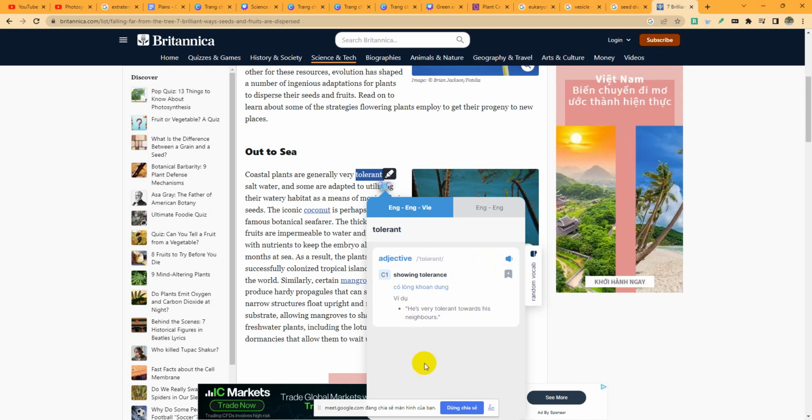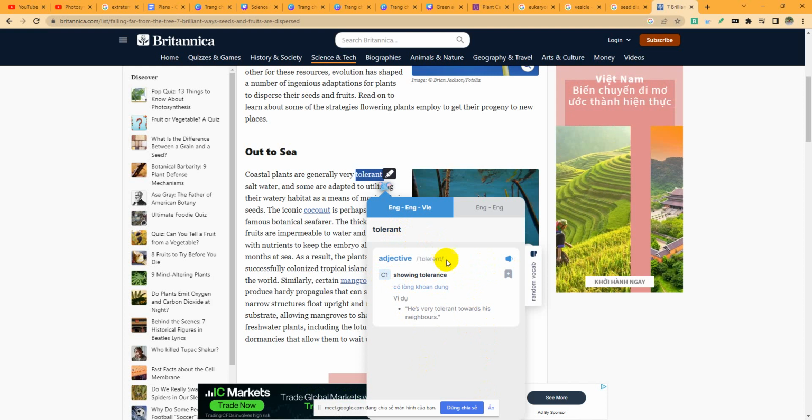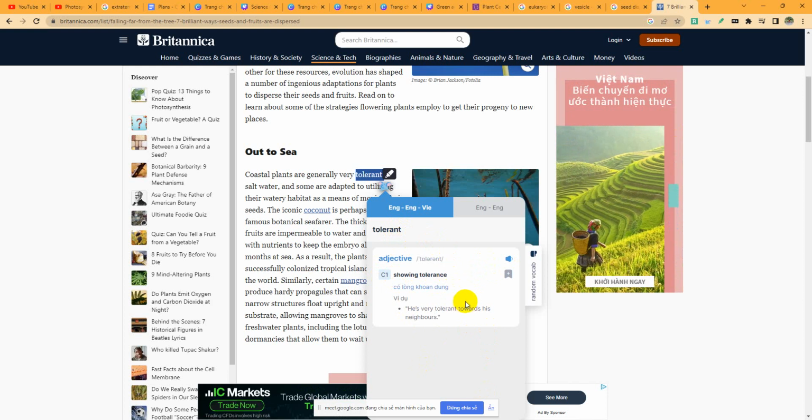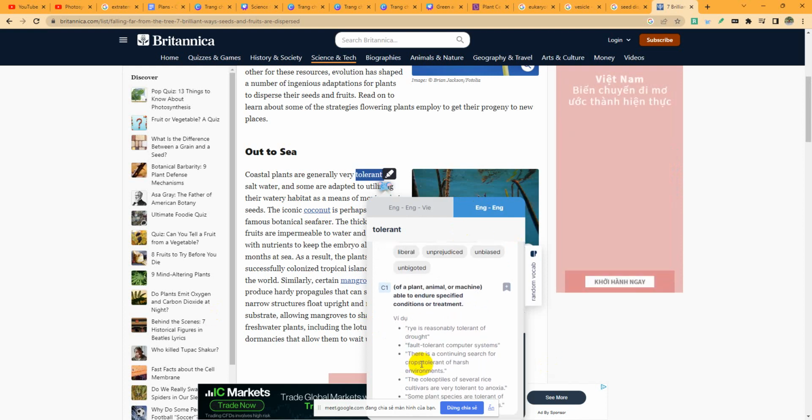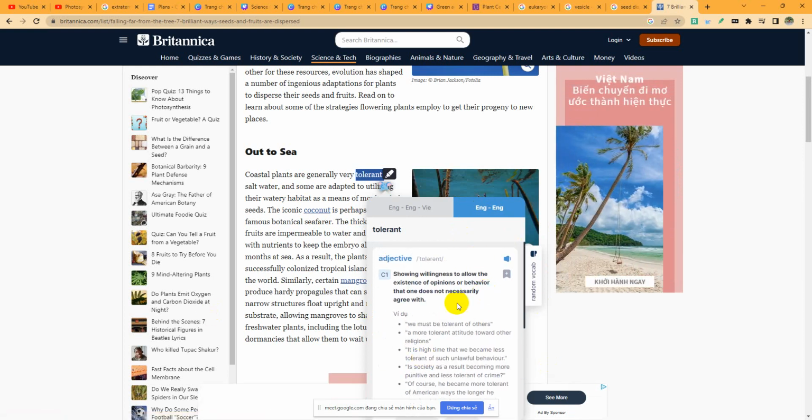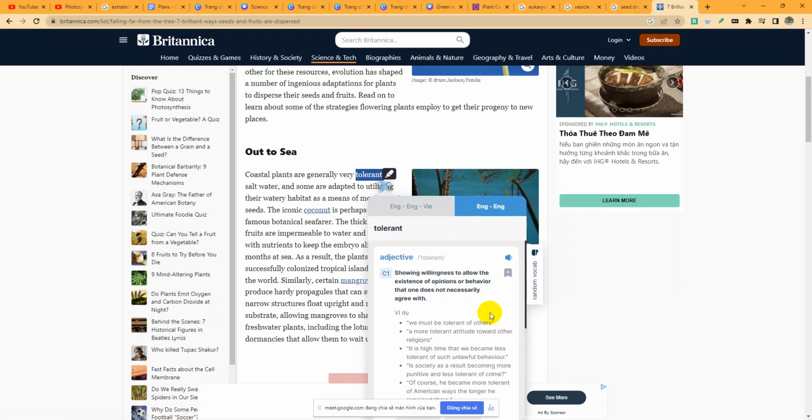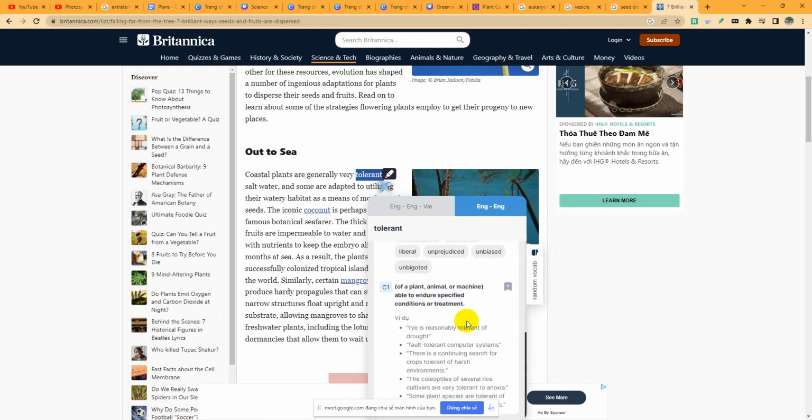And of course an example here too. So basically tolerant means showing tolerance, but I think it doesn't make sense here in this case because plants cannot show sympathy, right? So let's refer to this English explanation, which I think is more detailed because it's more wordy and better explained. Here, I think this one makes more sense: a plant able to endure specified conditions or treatment.